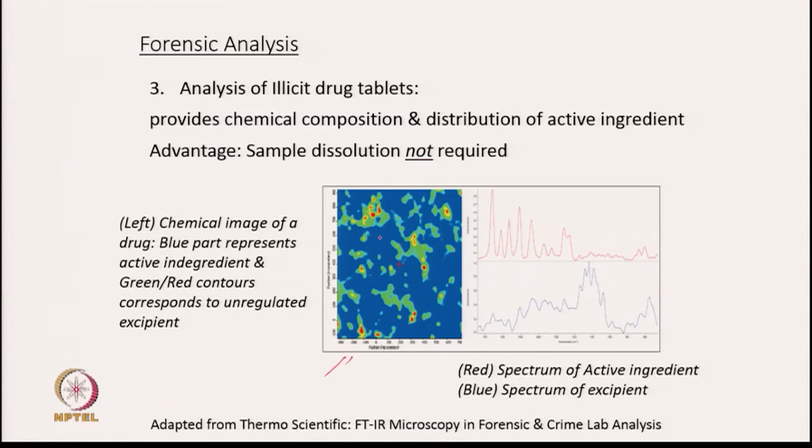The blue part tells you about the active ingredient, and the green and red contours correspond to unregulated excipients. So, just by doing this chemical imaging of a drug through IR microscopy, you can know what kind of unregulated excipient is present in the sample.